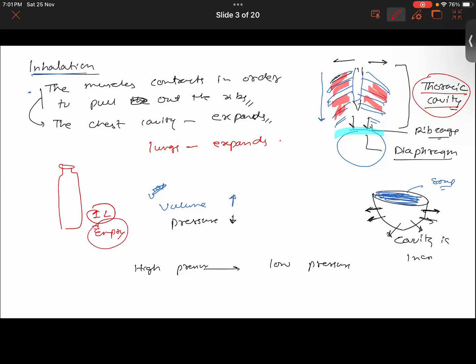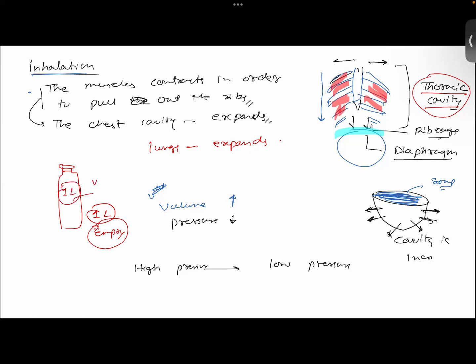I can refill this bottle with 1 liter of water only. So the capacity of this bottle is 1 liter. In another term, I can say that this is the volume of this bottle: how much space water can occupy inside it, how much water can be filled into it. In that manner also you can understand about volume.